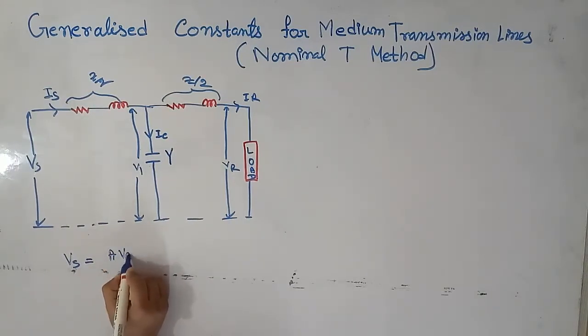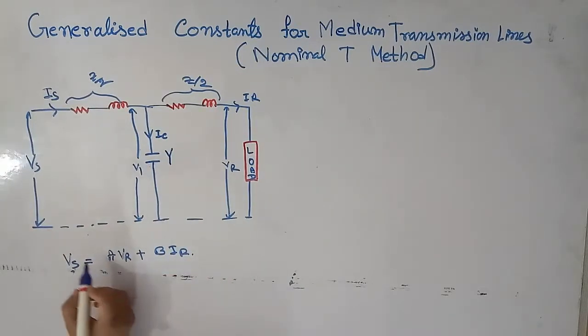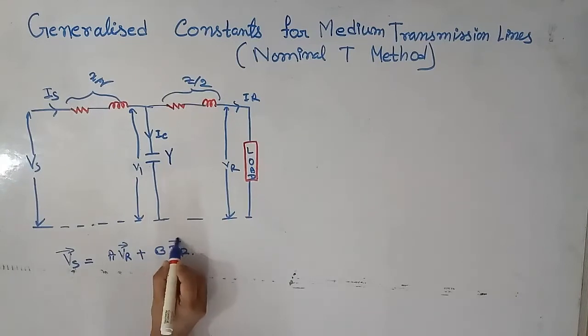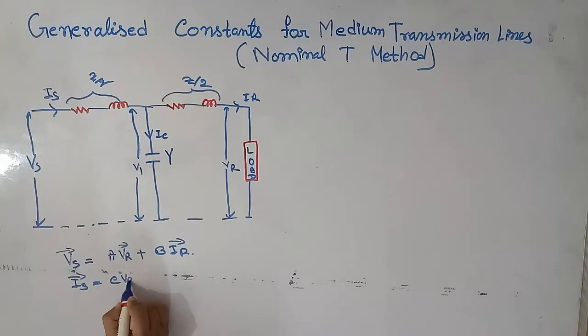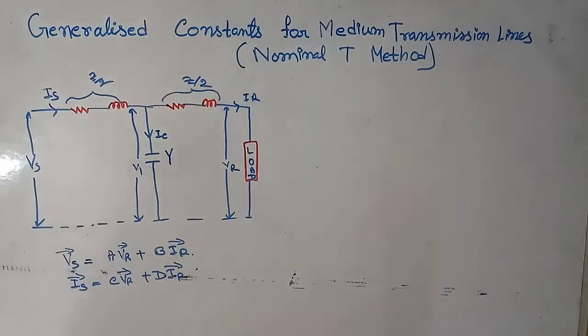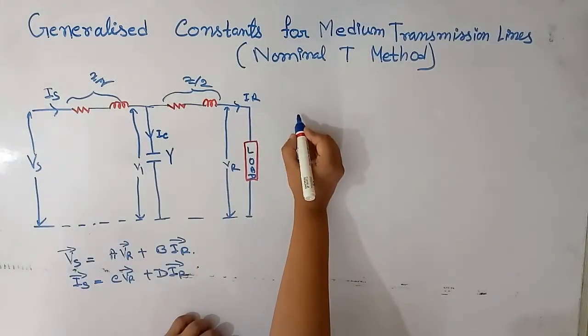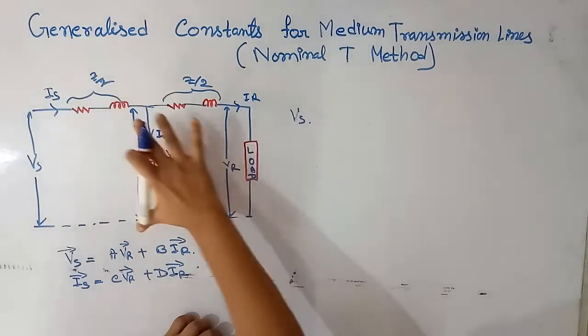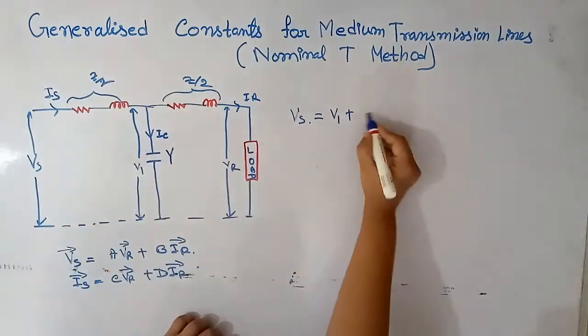Vs is equal to A into Vr plus B into Ir and Is is equal to C into Vr plus D into Ir. Now from this circuit we can write Vs equals V1 plus Is into Z by 2.